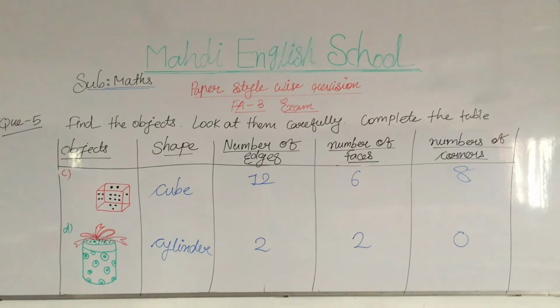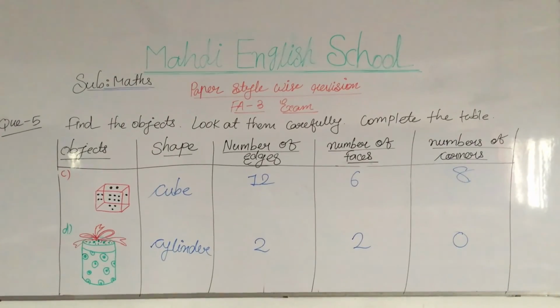And then we will move on further here. So the first shape is the cuboid, second is spherical, third is the cube, and fourth is the cylinder. Now the last shape and last object, and then we have done the paper style wise revision of the FA3 exam.